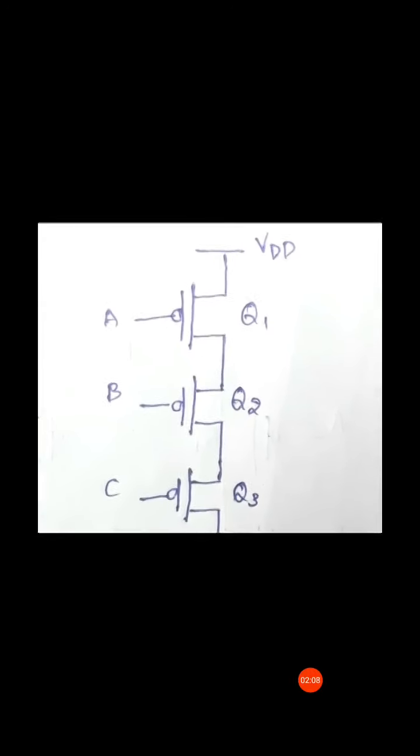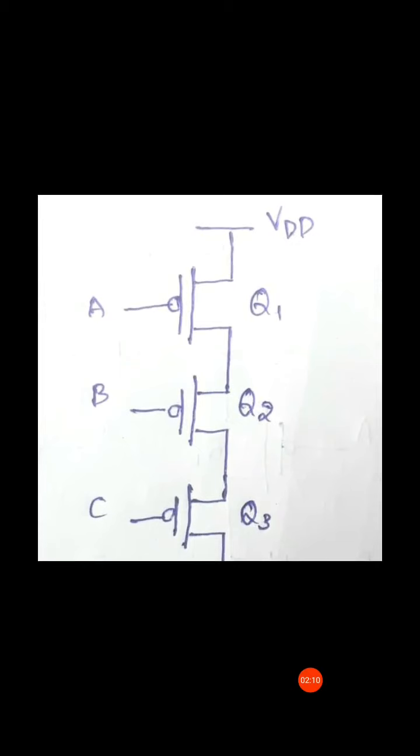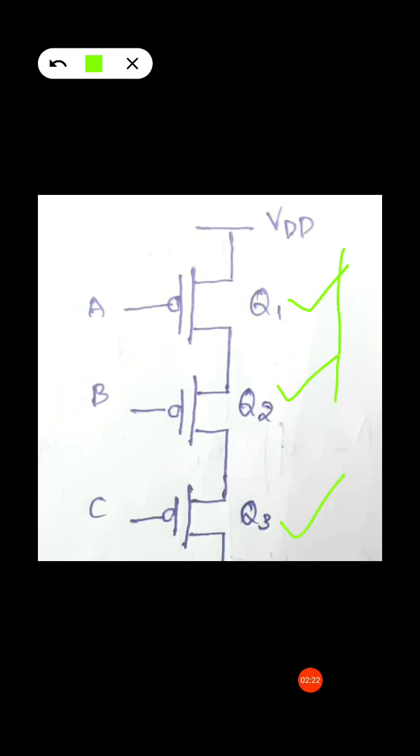So for that, I am taking both PMOS and NMOS transistors. All the PMOS transistors should be connected in series. For NOR operation, the PMOS transistors should be connected in series, that is A. So all these transistors Q1, Q2, Q3 are connected in series here, right?